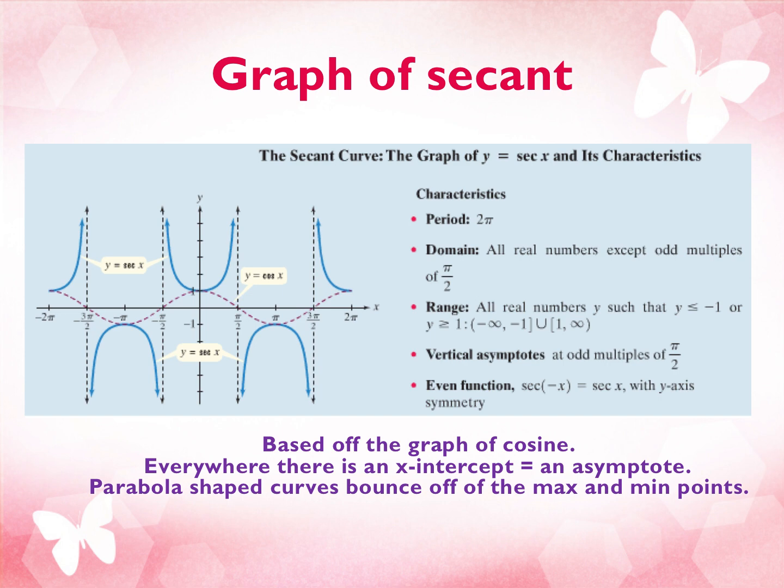So for the graph of the secant graph, again, same thing. We're going to realize that secant, its reciprocal is cosine. So the dashed line is a graph of the cosine graph.